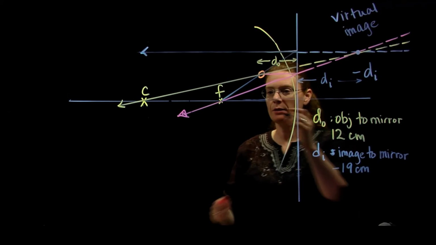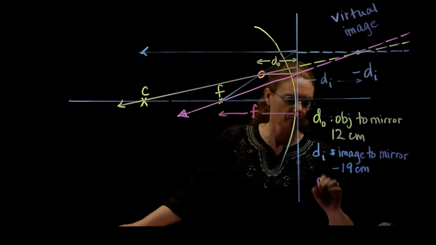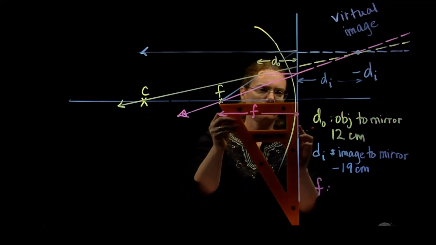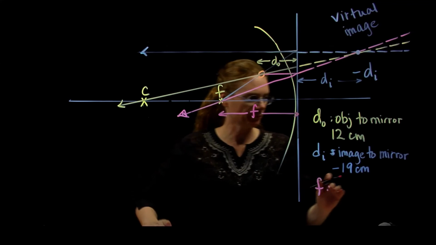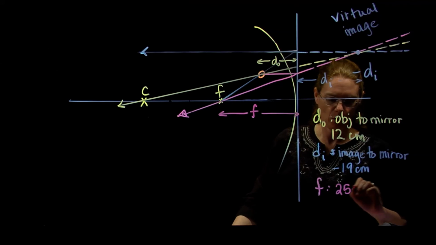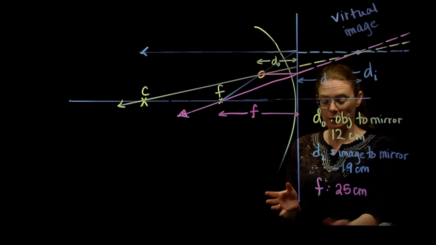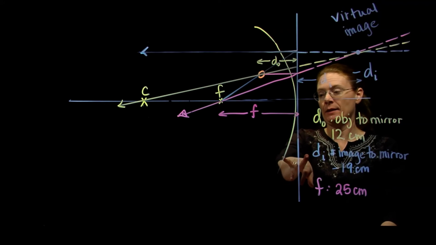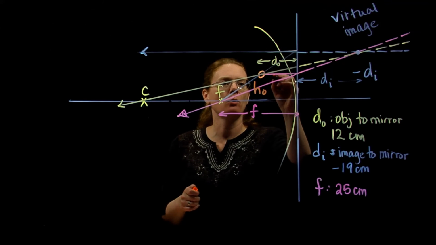My focal length is from the focal point to the mirror. What do we have there? 20, 1, 2, 3, 4. Yeah, I'll call it 25. So a focal length of 25 centimeters. And then we can use our equation again to figure out where the DI actually is. And then we need our height of the object, HO, which is going to be this height.